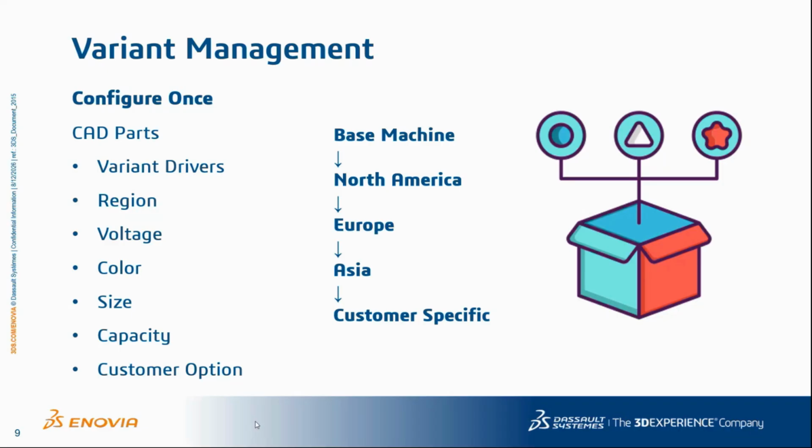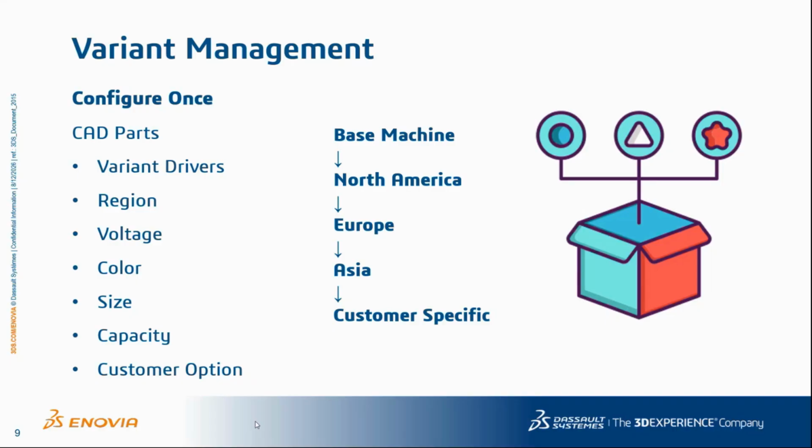In some cases, you'll have customer specific variants as well. The customer will be asking for specific colors, specific materials, or dimensions to be changed. All those areas constitute your variant management.